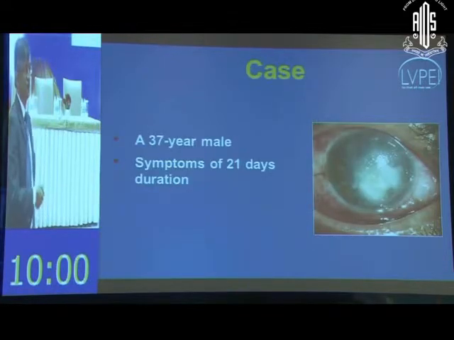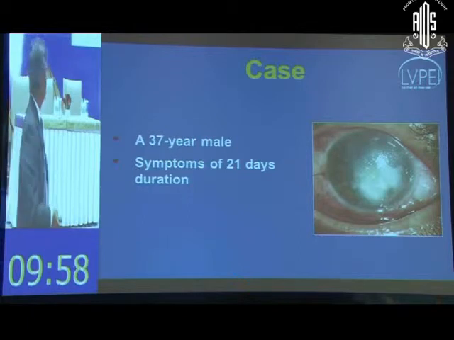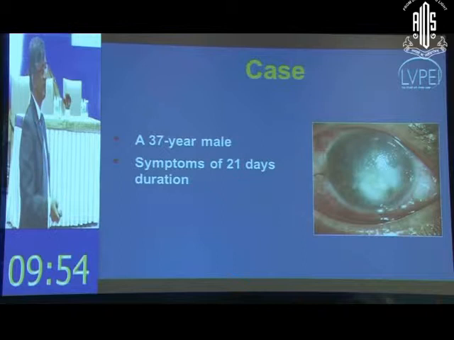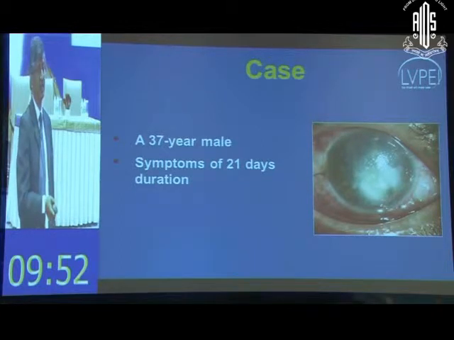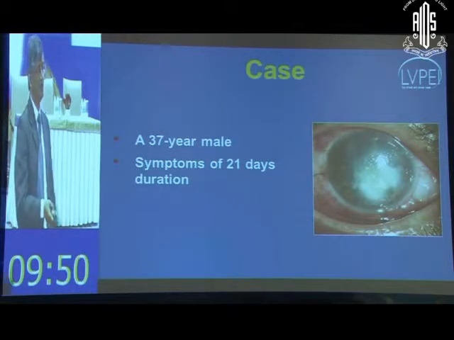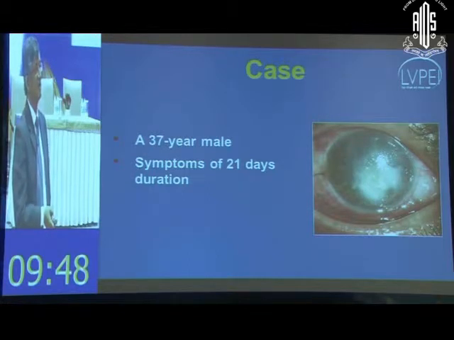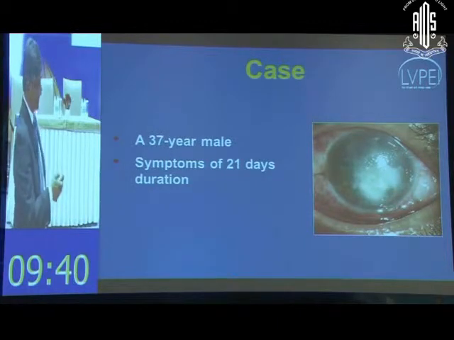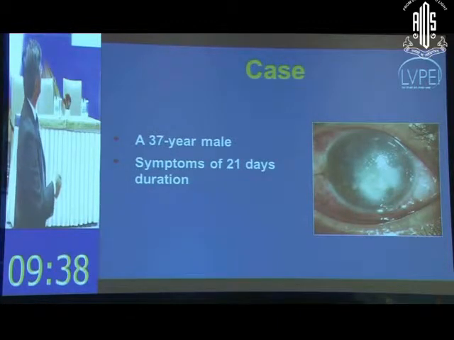Let us now switch over to a different entity. See this patient, a 37-year male with the history of 3 weeks duration. So what will be the kind of thought process that you will use in constructing differential diagnosis? This is a slowly progressive disease, and then you will try to look at what kind of infiltrate it is. It is a cotton wool like infiltrate.